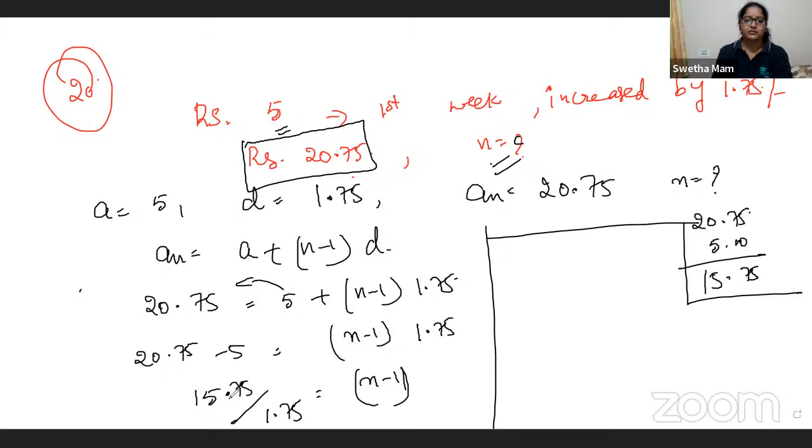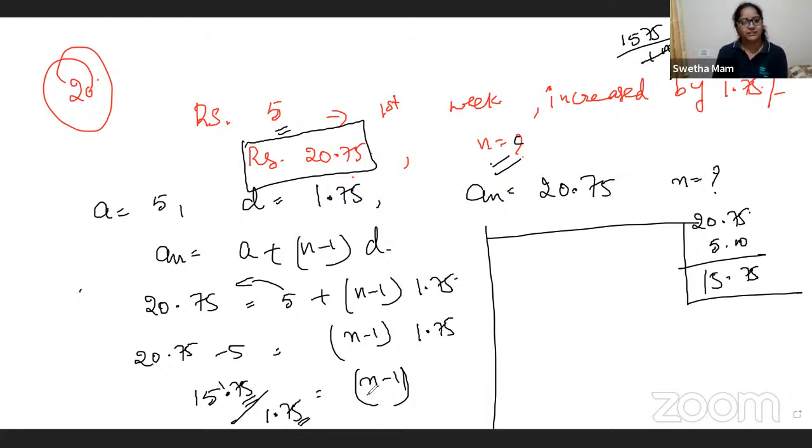See, we have 2 digits after the decimal point here, and we also have 2 digits there. So you can remove the decimal point directly, children. You understood, right? Suppose you write 1575 by 100, and in the denominator 175 by 100, you can cancel 100, 100, right?